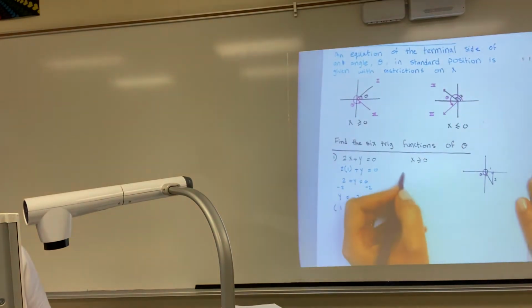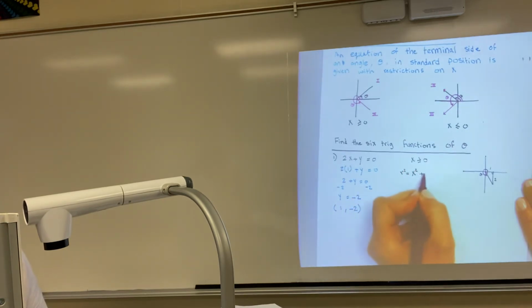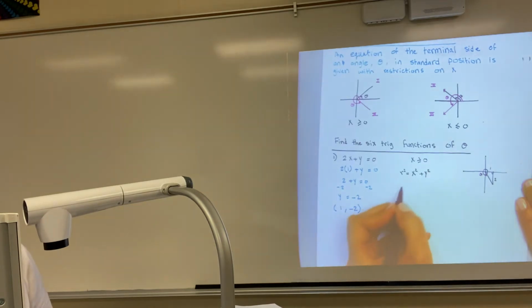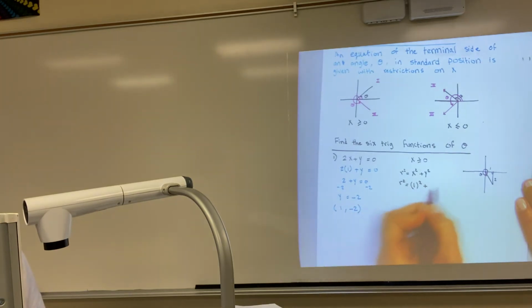I'll apply r squared equals x squared plus y squared, Pythagorean theorem. R squared, I know x is 1 squared plus y is negative 2 squared, and that will give me r squared equals 1 plus 4, r squared equals 5.